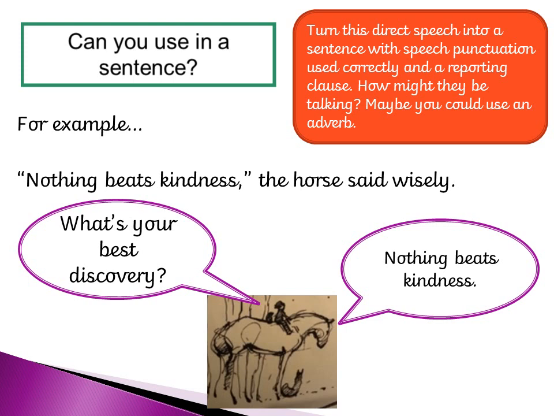So my example, I've put, "Nothing beats kindness," the horse said wisely. Could you do your own sentence for that speech bubble? And maybe another one for the question that I've written as well. Think about who might be saying it, how they would say it. Are you going to have the speech first and then the reporting clause, or the reporting clause first and then the speech?